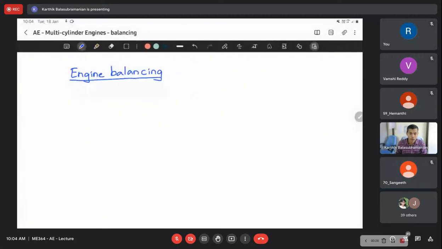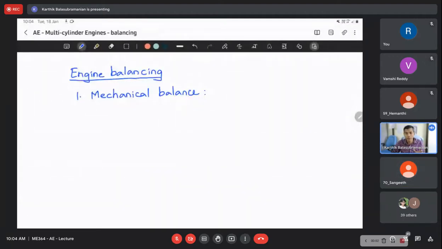Yes. So first one is mechanical balance. So what does mechanical balance stand for? Like to minimize vibrations?